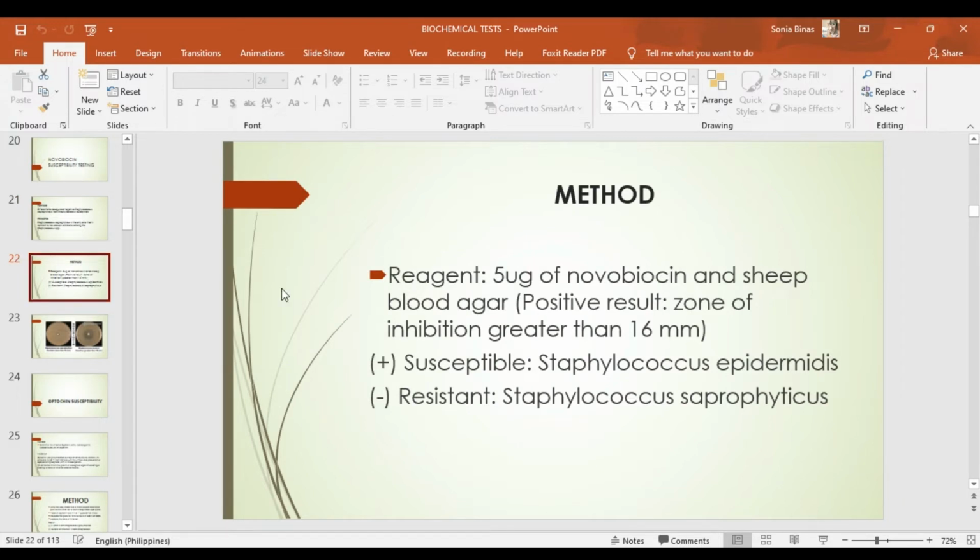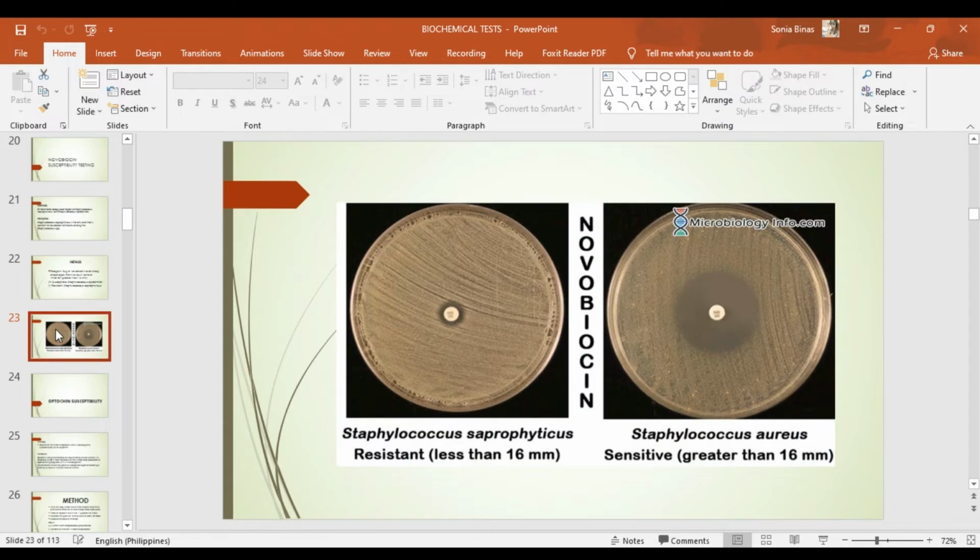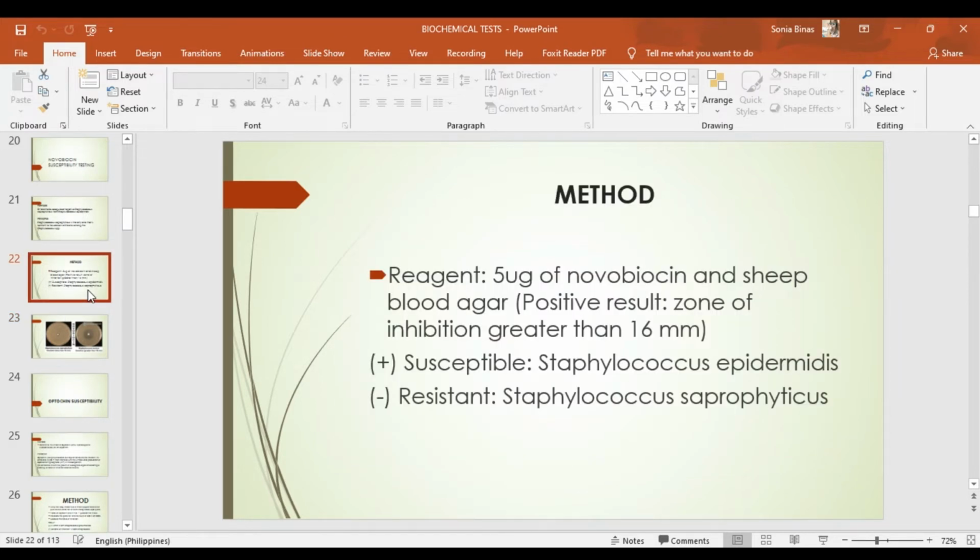So, using our 5 microgram Novobiocin disc and sheep blood agar, we will do our Novobiocin test. So, gagawa lang tayo ng suspension or ng inoculum of our organism, and then isi-streak natin dito sa ating agar. Tapos ilalagay natin yung ating Novobiocin disc sa gitna. So the positive result will be a zone of inhibition greater than 16 millimeters.